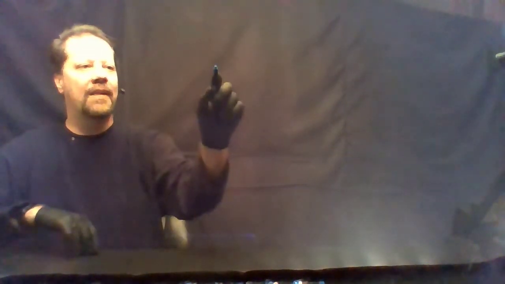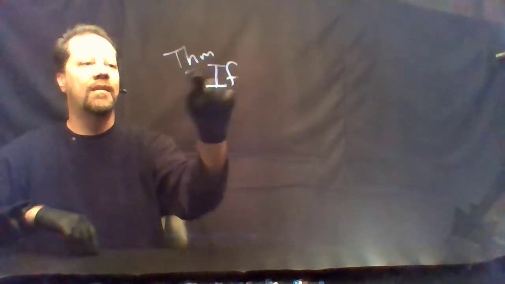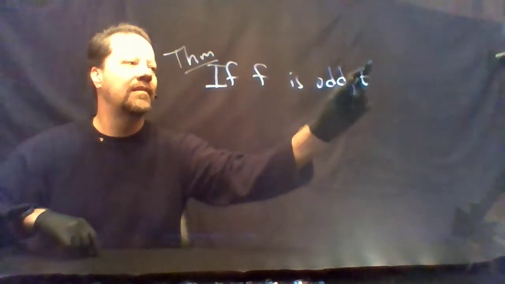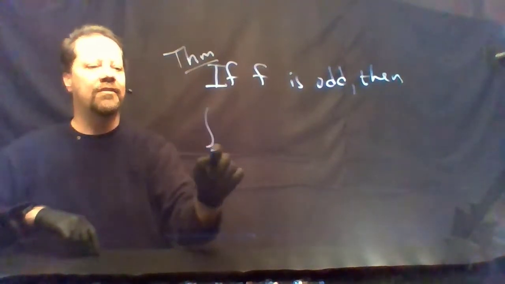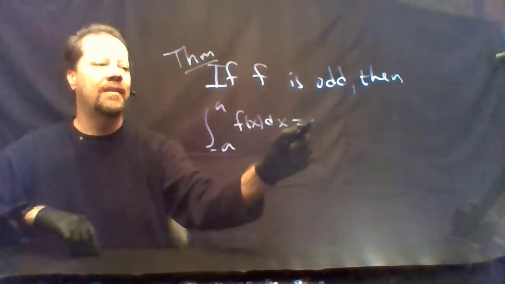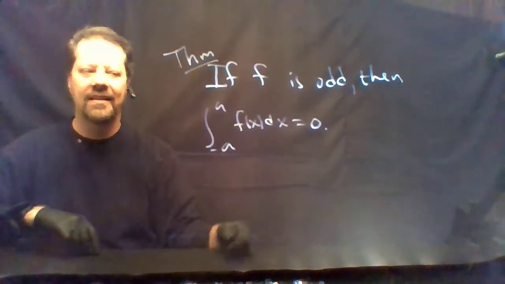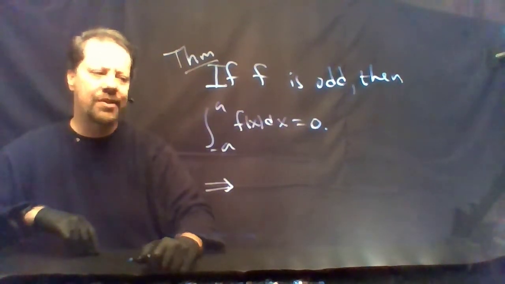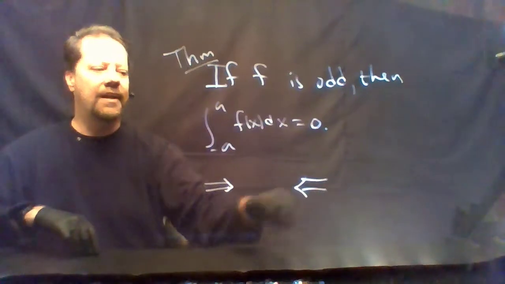We know the following theorem is true. If f is odd, then the integral from negative a to a of f of x is 0. This is an implication in one direction, but it leaves open the question, does the implication go in the other direction as well?